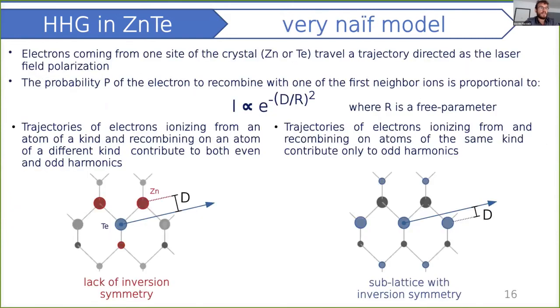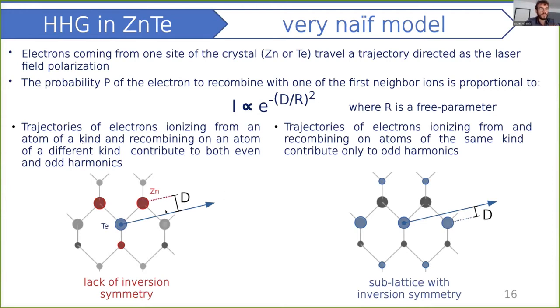So in this simple model, we assumed that first, electrons are ionized from one site of the crystal that can be either zinc or tellurium, and that after ionization, they follow a trajectory which lies on the laser field polarization direction, here represented as a blue arrow.